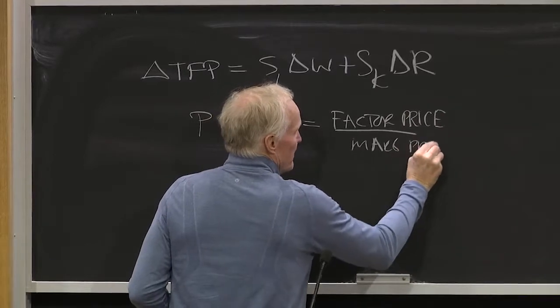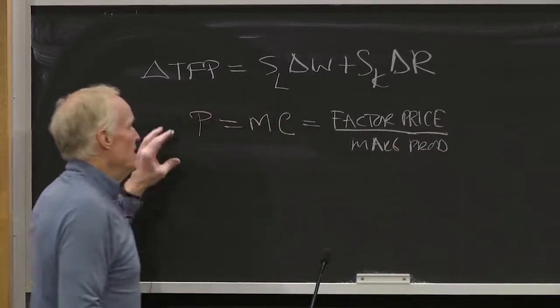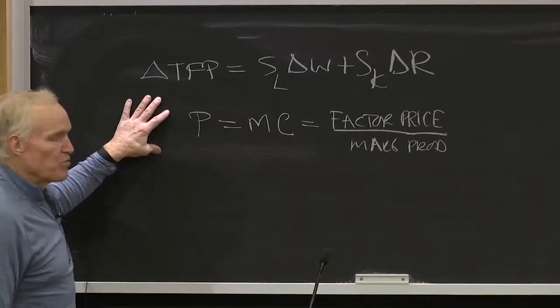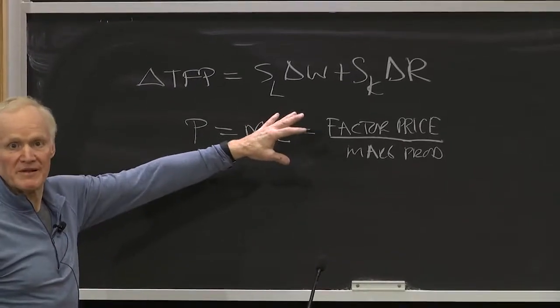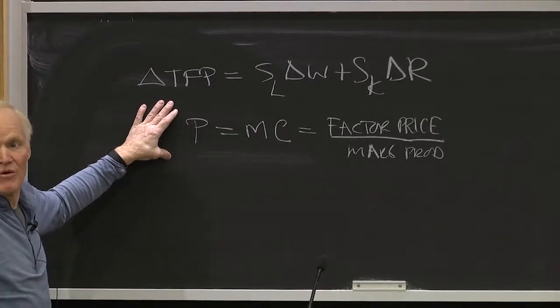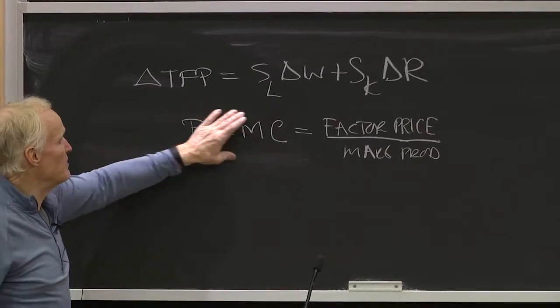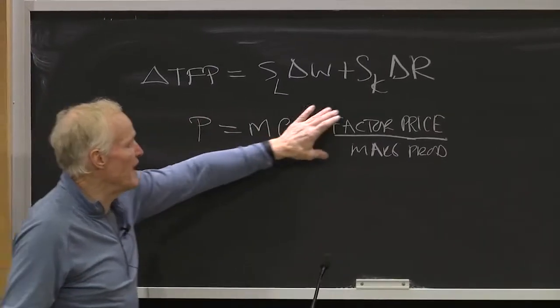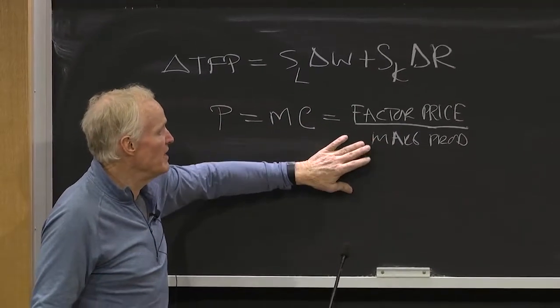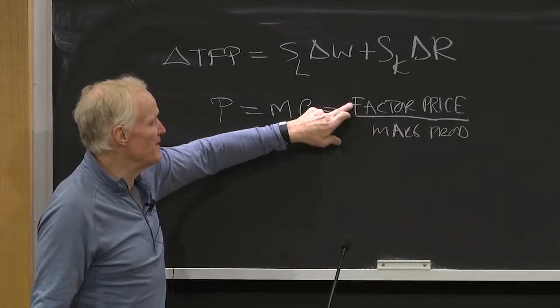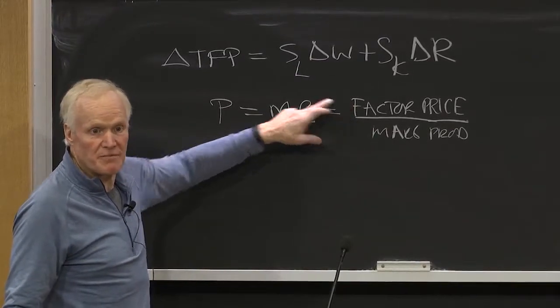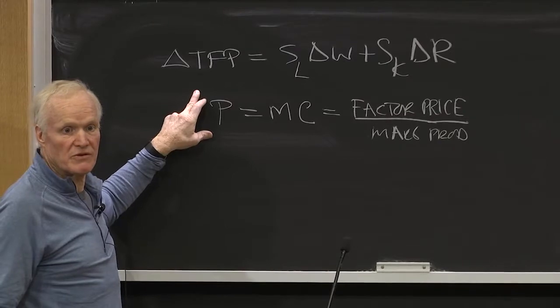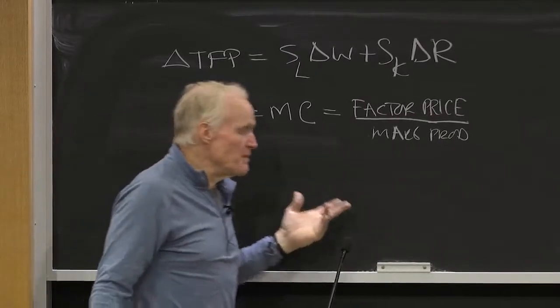That's just like price times marginal product equals wage rate. This is generalized to more than one input. So price equals marginal cost is price equals factor price divided by productivity. So if this goes up 10%, that allows factor prices to rise 10% for a given level of price. Okay? So that's basically the idea.